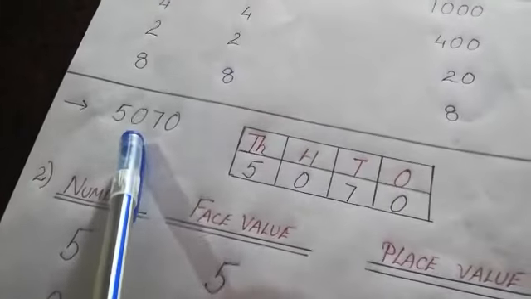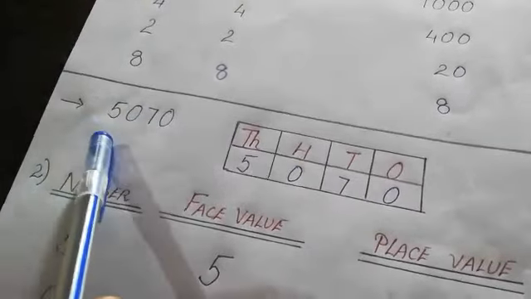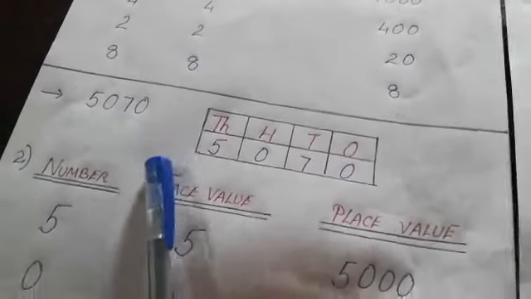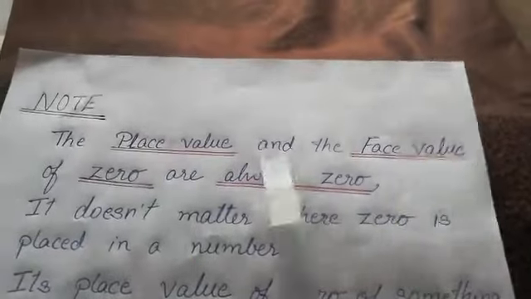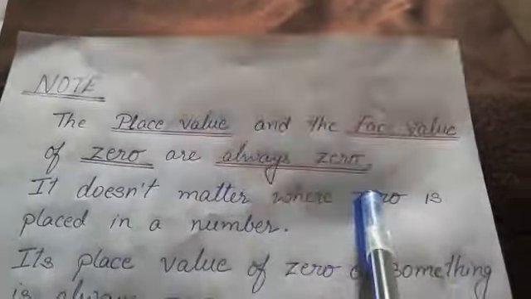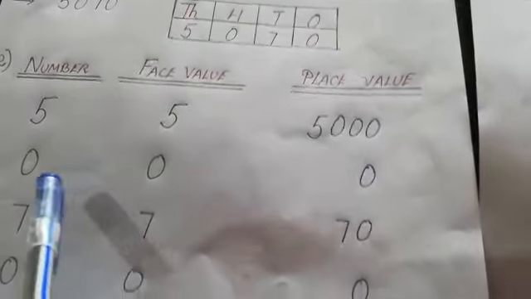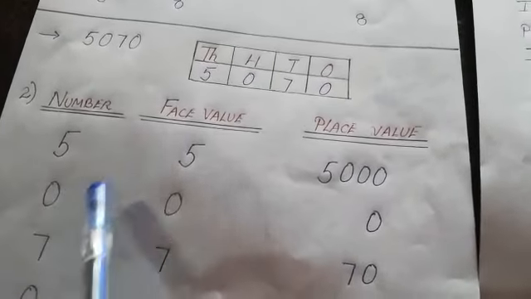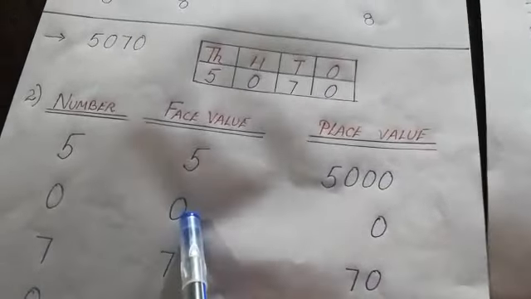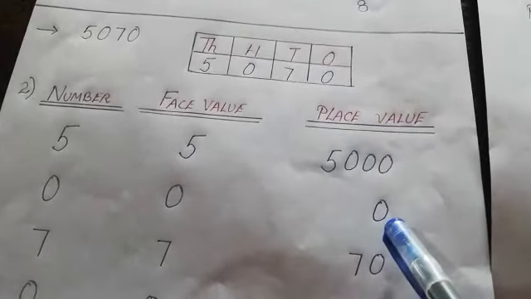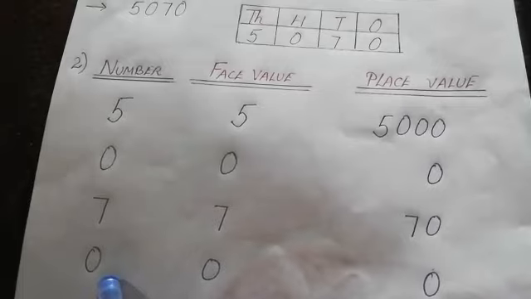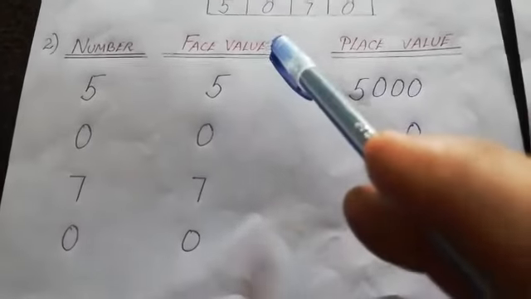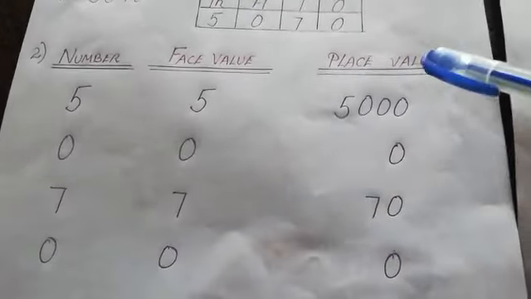In our number, there were 2 zeros, 5070. Yes, just now we said the place value and the face value of 0 are always 0. See here, our number was 0, the face value is also 0 and the place value is also 0. Here, 0 is at the ones place, the face value is also 0 and the place value is also 0.